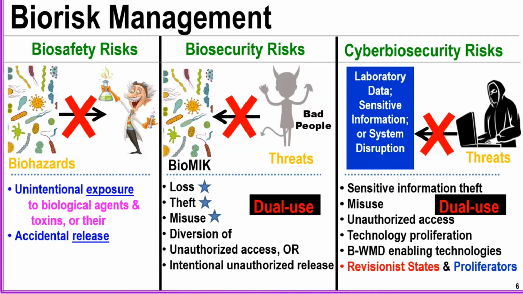Biosecurity risk mitigation measures make sure that infectious biological agents, equipment, knowledge, and toxins are protected against the loss, theft, misuse, diversion of unauthorized access, or intentional unauthorized release.